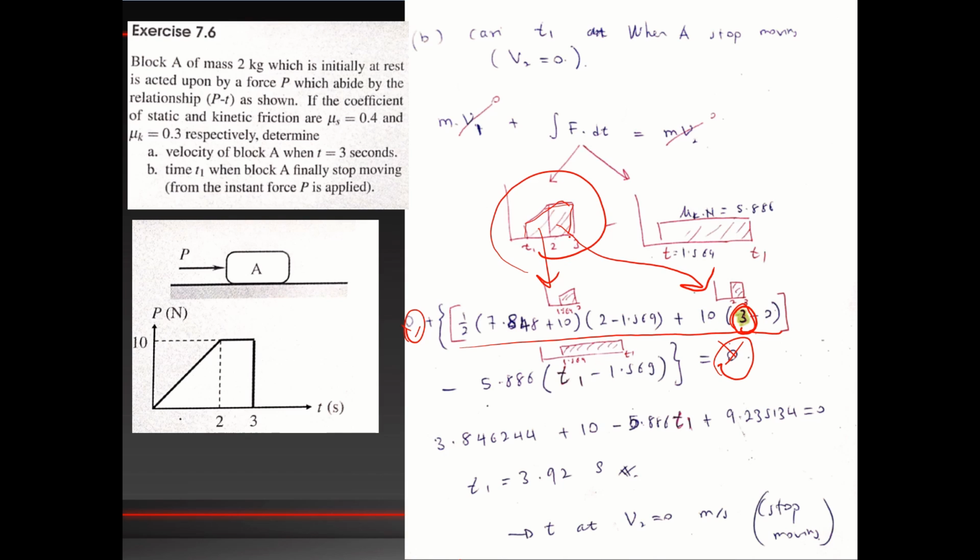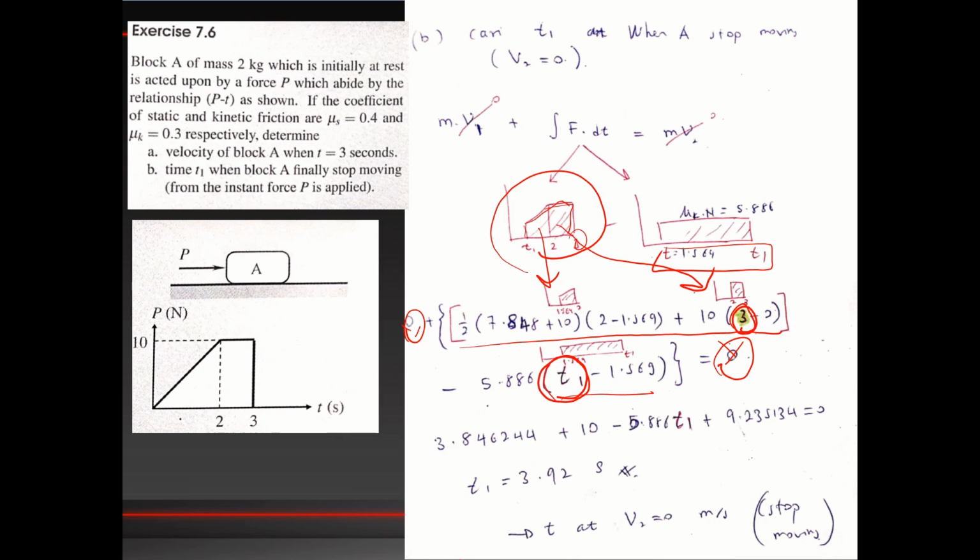We only have the graph up to 3 seconds, but the friction will go on until the component stops moving. That's why the T here is T1, which is until the component stops moving. We are taking time from here to there.